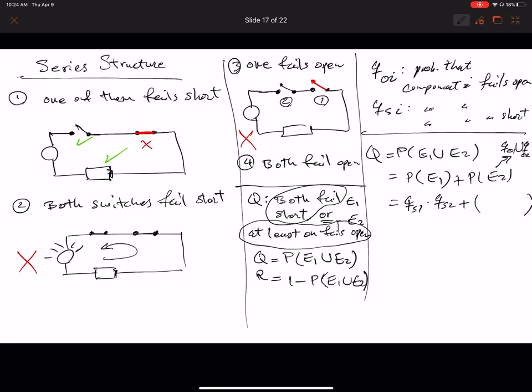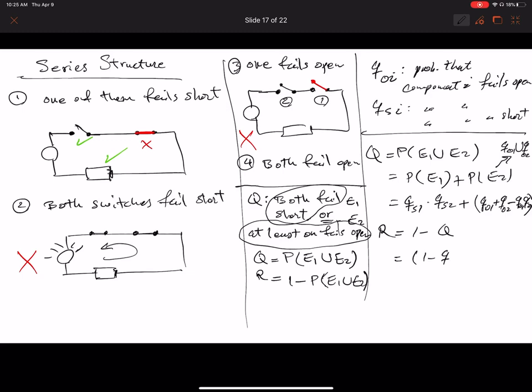And I can rewrite that as QO1 plus QO2 minus QO1 times QO2, basic probability, because those two events are independent, so I have to subtract their joint probability. Okay, so if I do the math and I rewrite reliability as 1 minus Q, I get to this point.